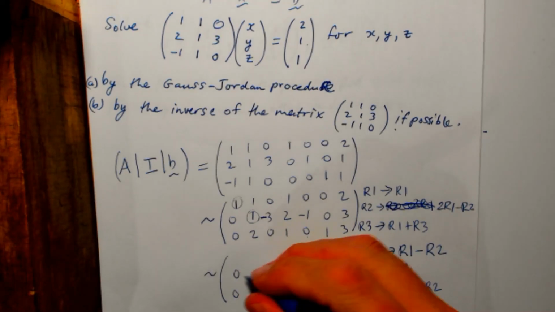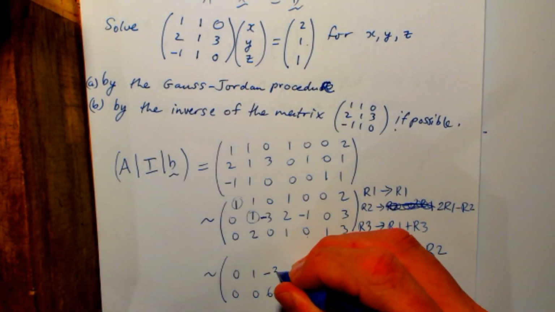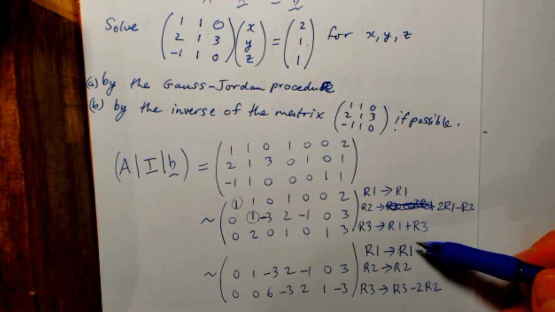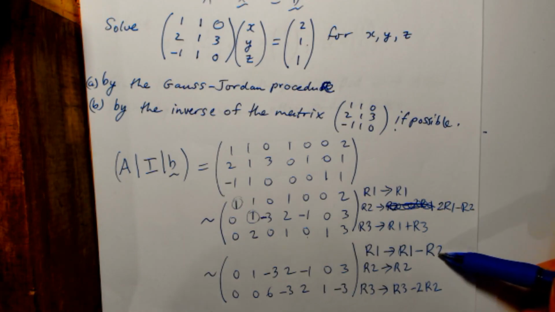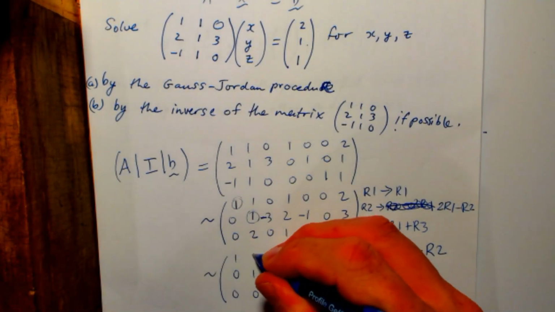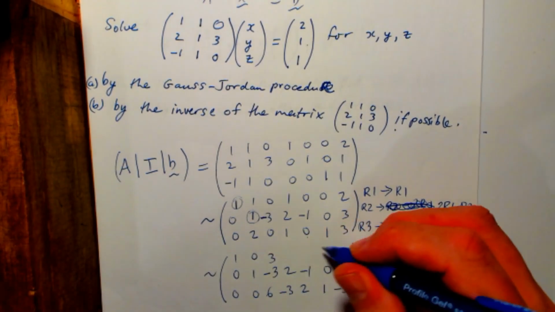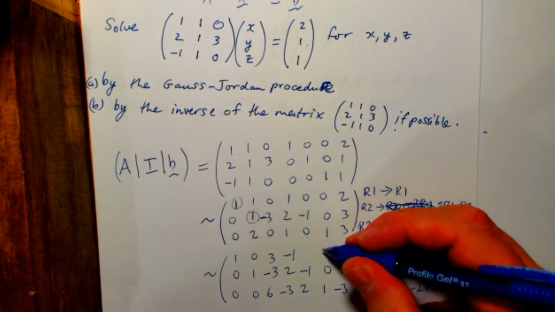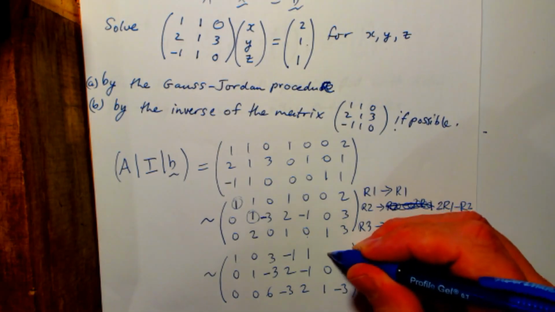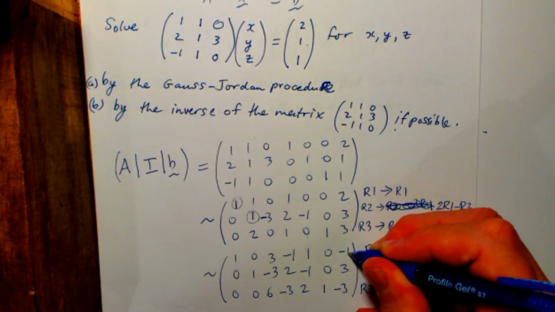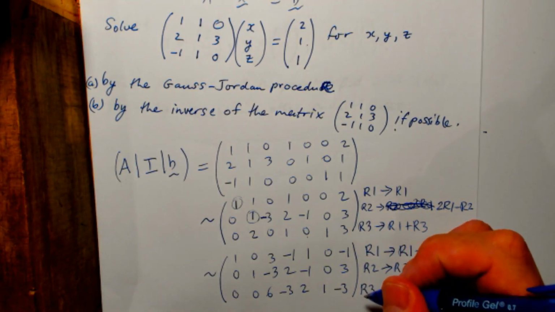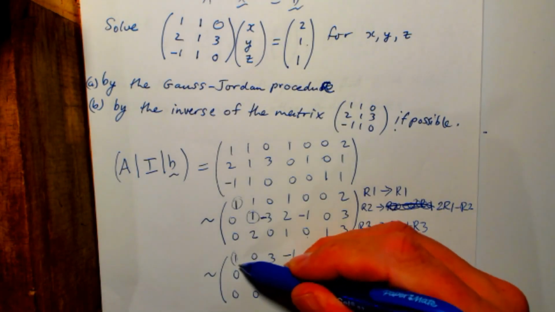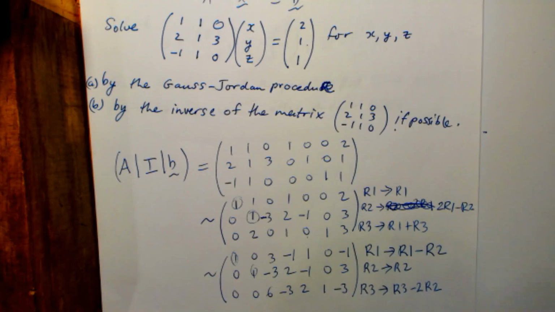We said we would keep the second row the same for now. Okay, now we said we're going to replace row 1 with row 1 minus row 2, so that's 1, 0, 3, minus 1, 1, 0, minus 1. Great, so second goal complete, pivot there, zeros everywhere else in the column.